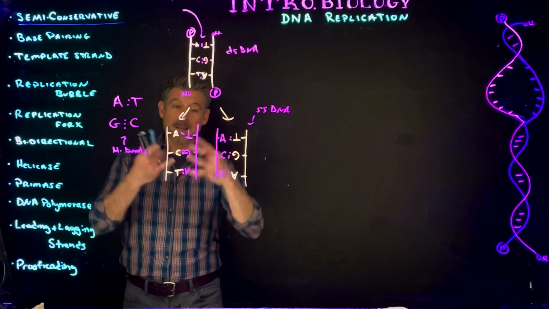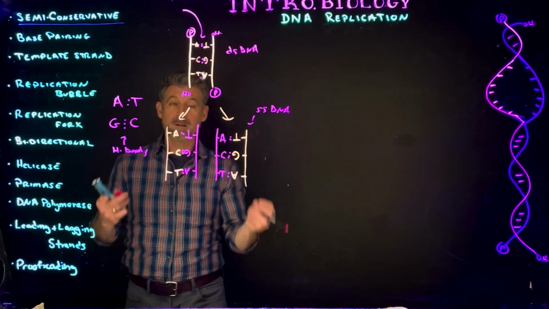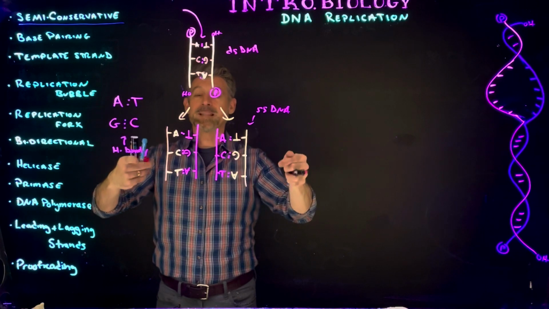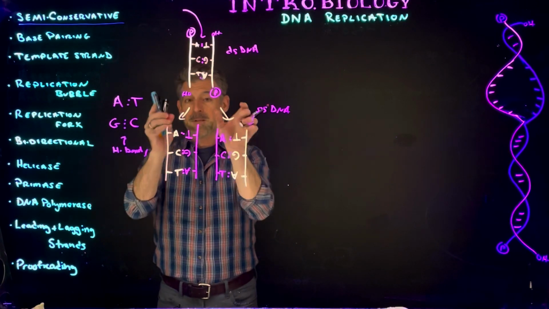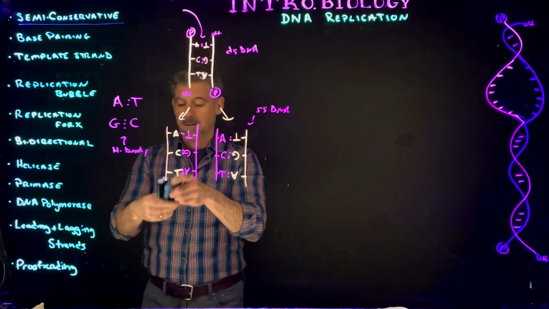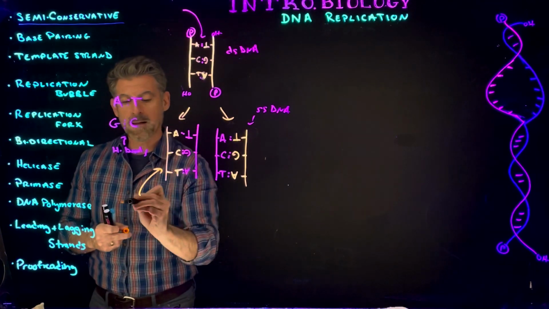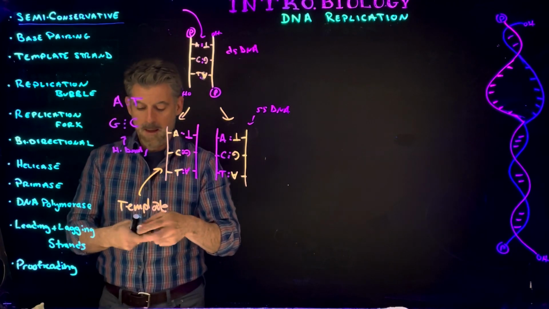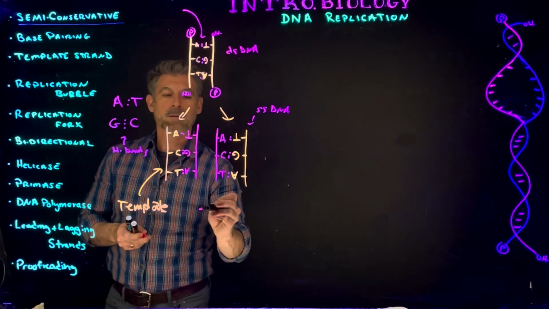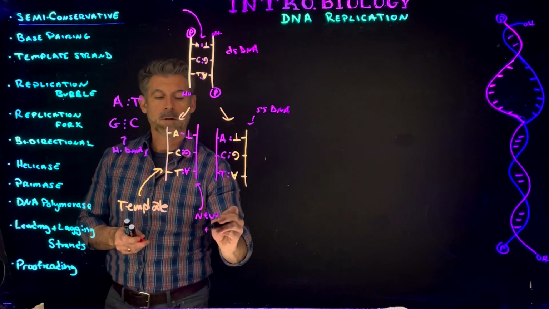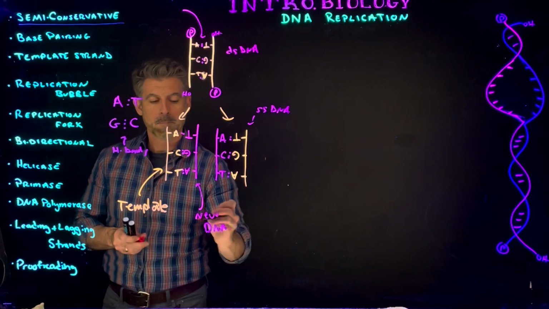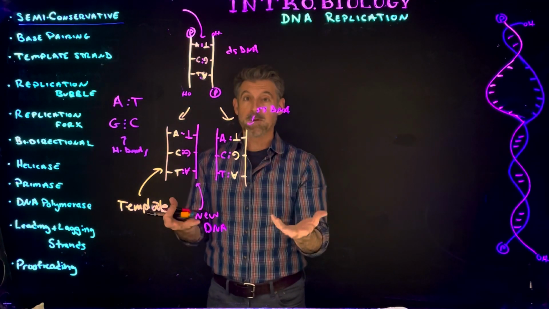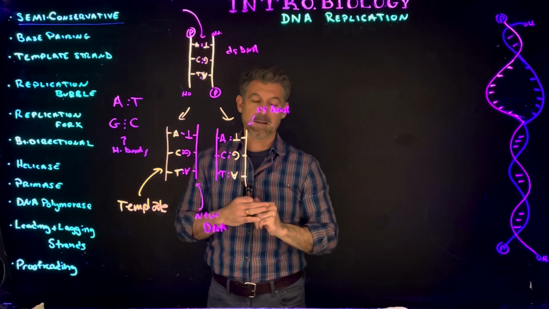And that's the overall idea of DNA replication: one strand gets pulled apart, each side serves as a template, and then enzymes can read the information on what we call the template strand, and then use that information to make new DNA. And then in the end, you have these two new double-stranded DNAs, and DNA's been replicated.